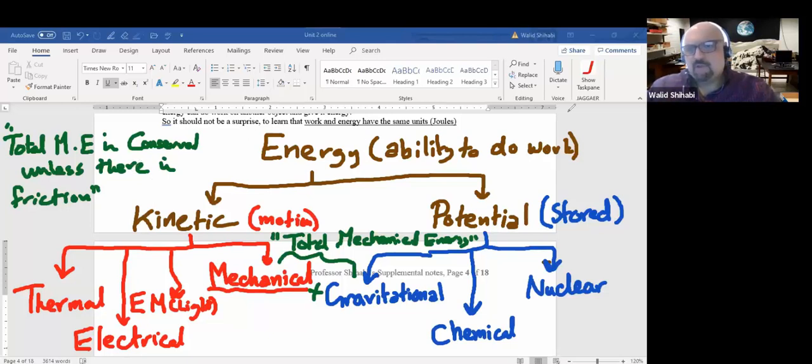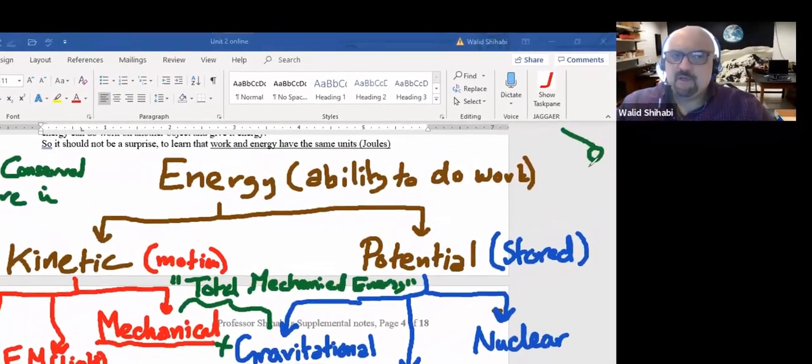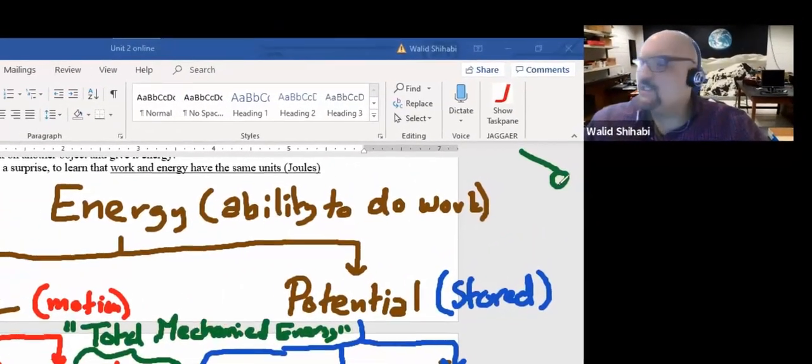We'll look at the example of, for example, the pendulum. Remember the experiment you did last time, the pendulum. The pendulum represents a good example of how the total mechanical energy is conserved.